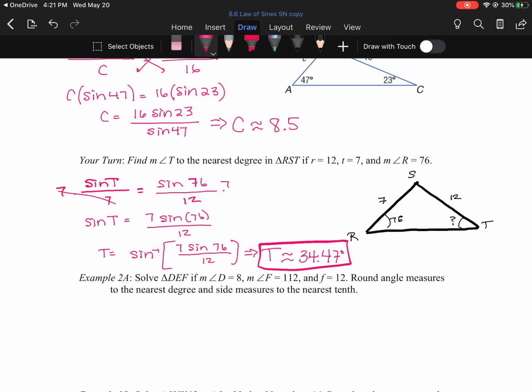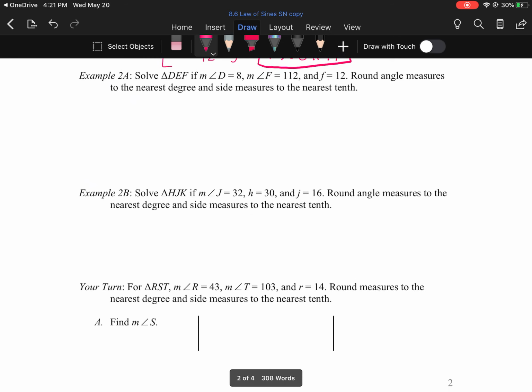All right, and for the second one, you'll see that we end up getting the angle T is approximately 34.47 degrees. All right, moving on to example 2.